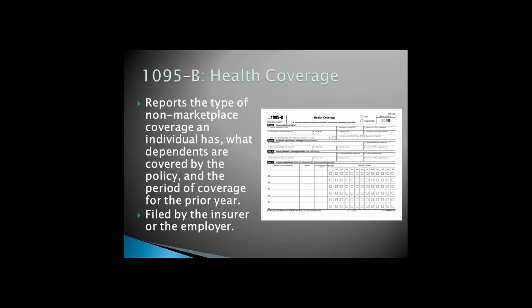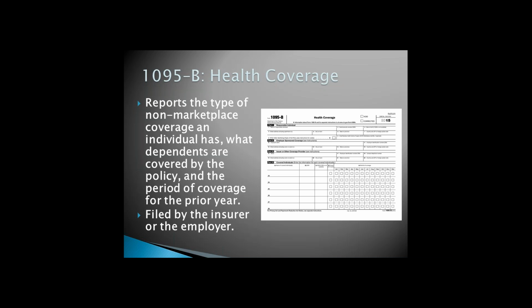The 1095B form, health coverage, is used to report the type of non-marketplace coverage you have, dependents covered by your insurance policy, and the period of coverage for the prior year. This form is used to verify that you and your dependents have at least minimum qualifying health insurance coverage. This form will be filed by either the insurer or the employer.